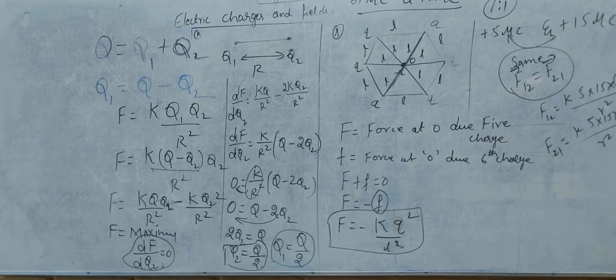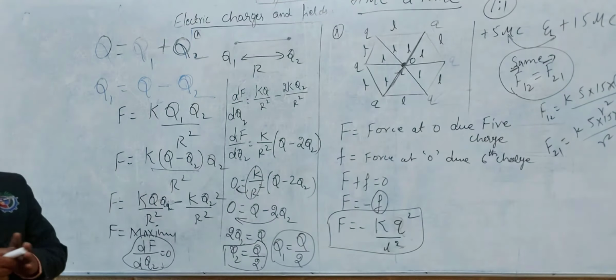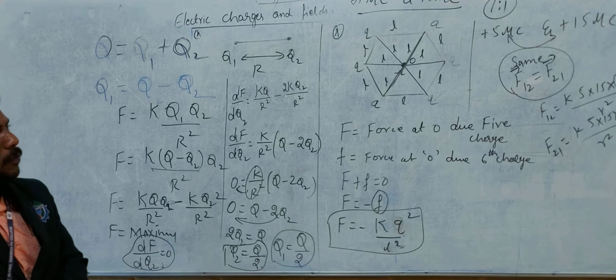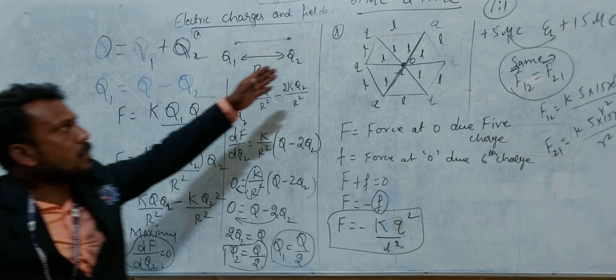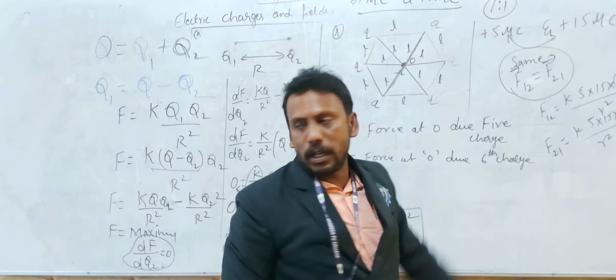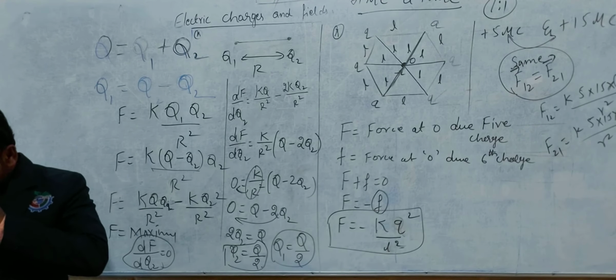F12 is equal to F21. Therefore, both the forces repel with the same magnitude. Here also, the ratio between these two forces is 1:1.